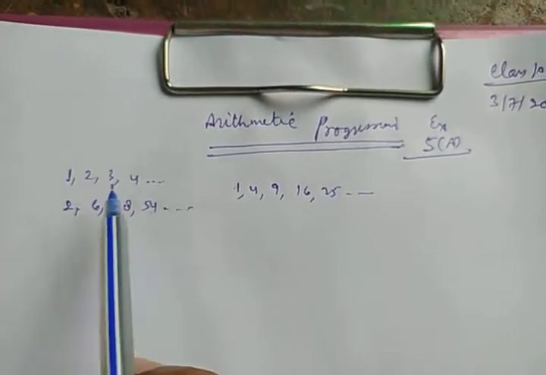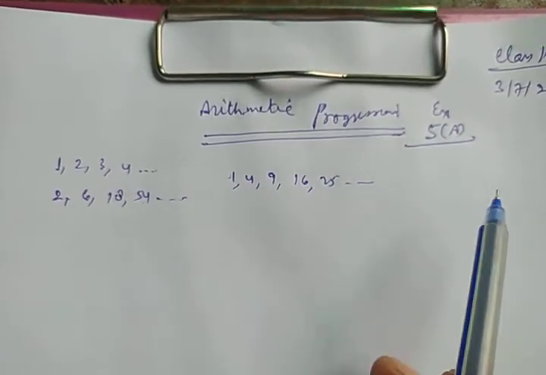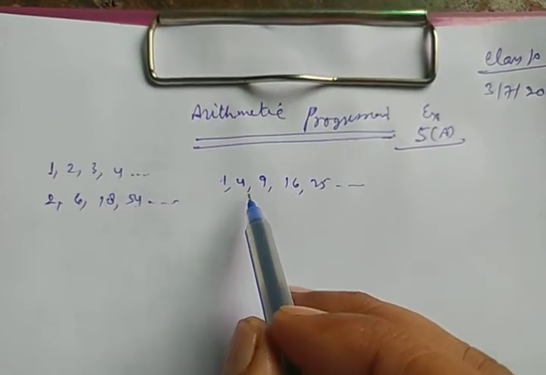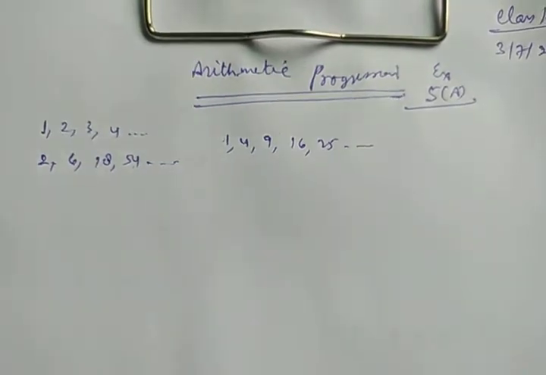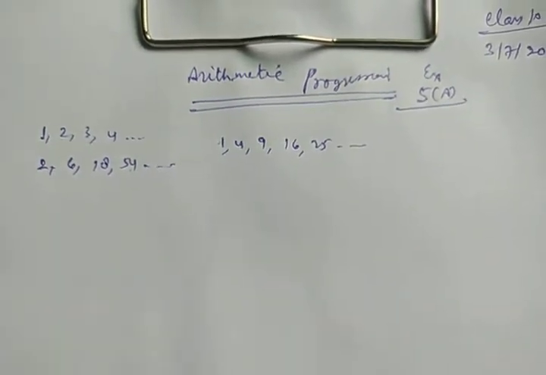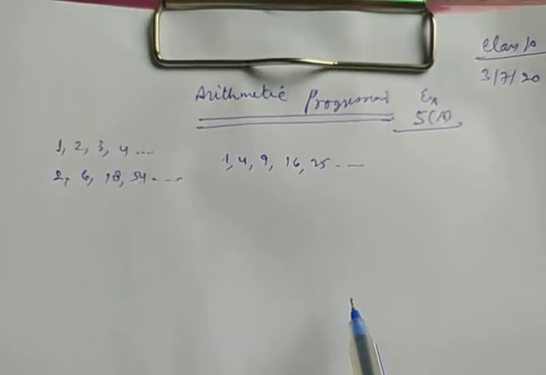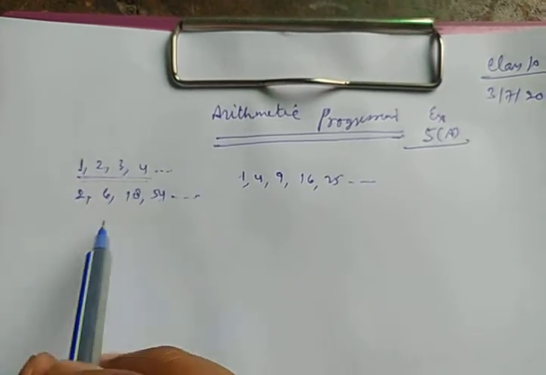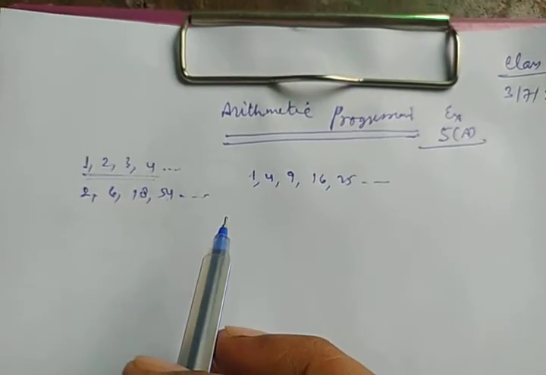Square of 1 is 1, square of 2 is 4, square of 3 is 9, square of 4 is 16 onwards. This is also a pattern, because in this pattern each number is being written as a square of something. And if the rule is given to you, you can obtain any term of that sequence.